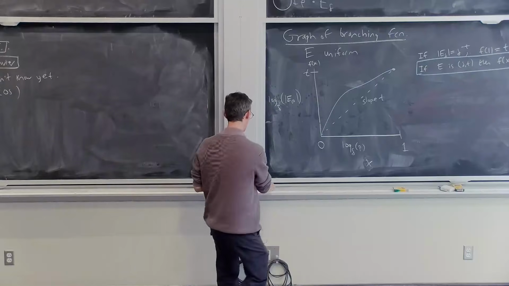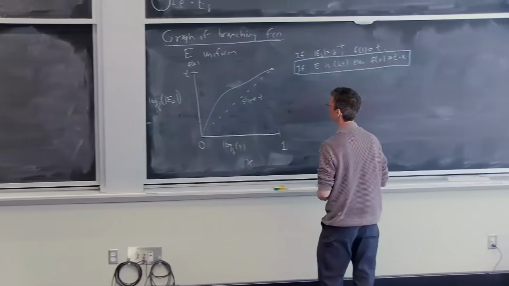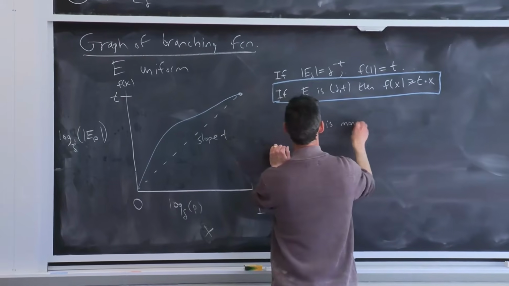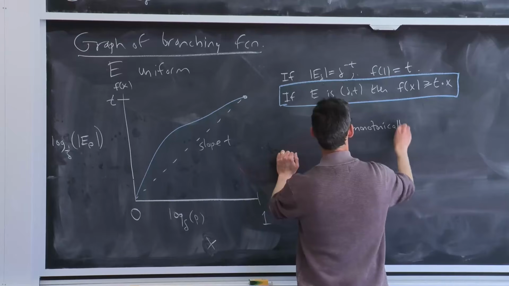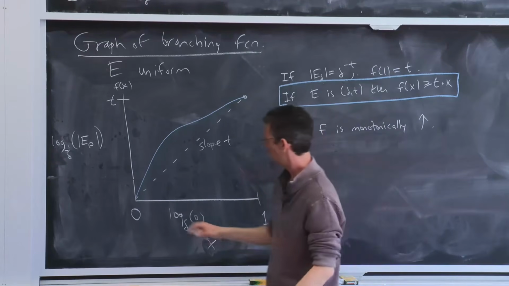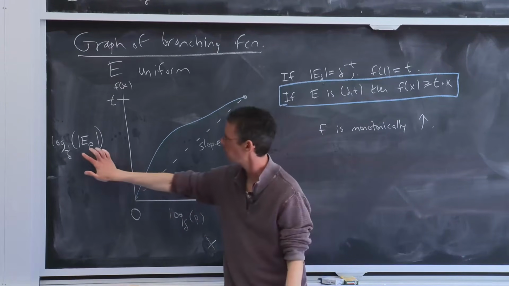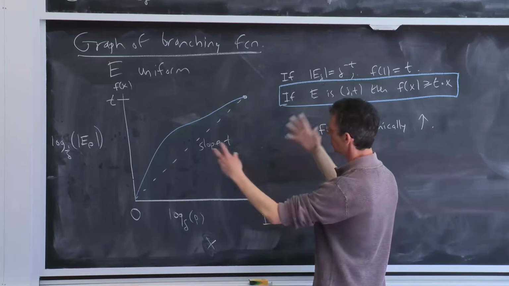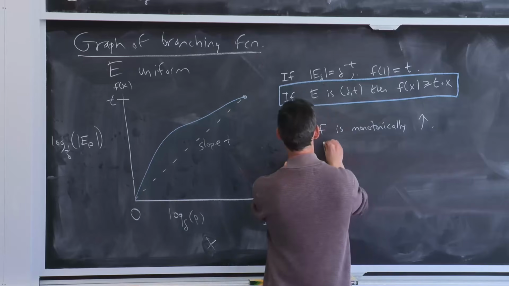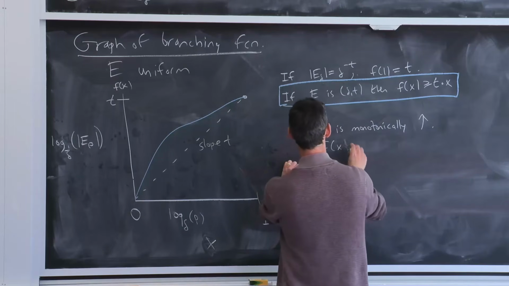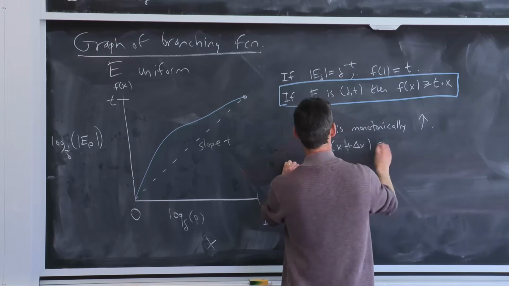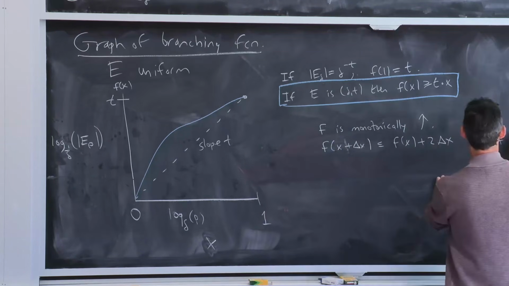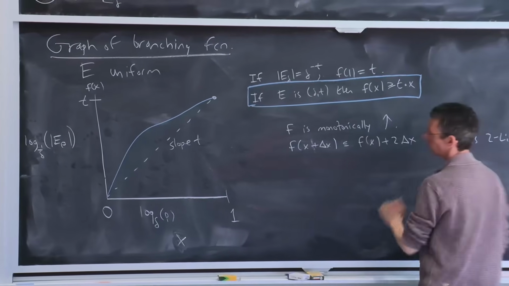Okay. So now, what do we know about this function f? So f is monotonically increasing. Why? As we go this way, rho is getting smaller, and the rho covering number is only going to get bigger. But it doesn't increase too quickly. So f of x plus delta x is less than or equal to f of x plus 2 delta x. So f is 2-Lipschitz. Why?